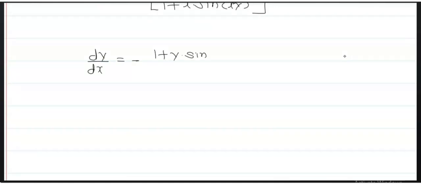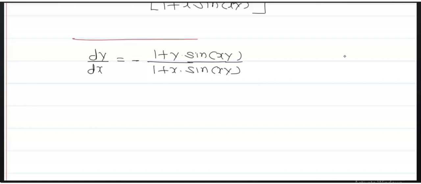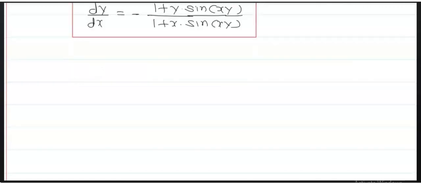Therefore, dy by dx is equal to 1 plus y sin xy upon 1 plus x sin xy. Now the next example.